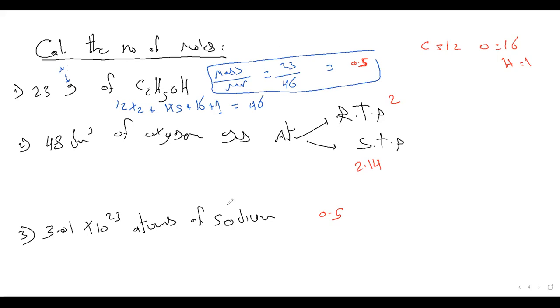Number 2, 48 decimeter cubed. From the unit decimeter cubed, this means that we have volume. So number of moles is equal to volume decimeter cubed over 24 in case of RTP, and over 22.4 in case of STP.